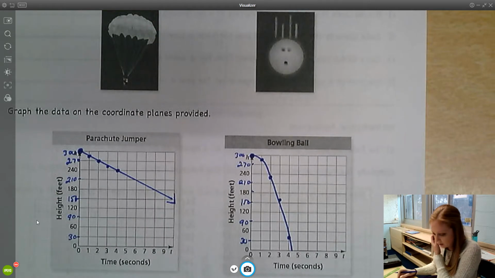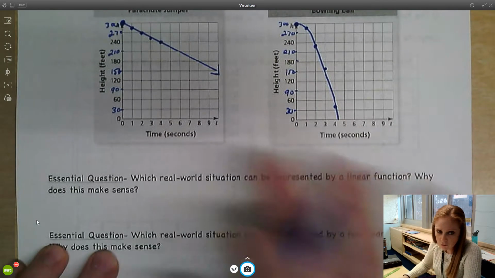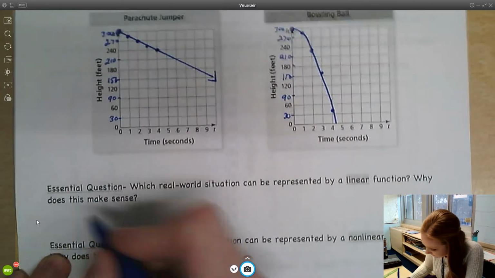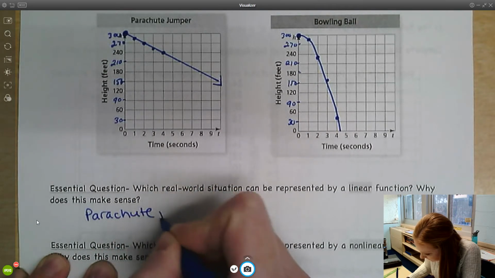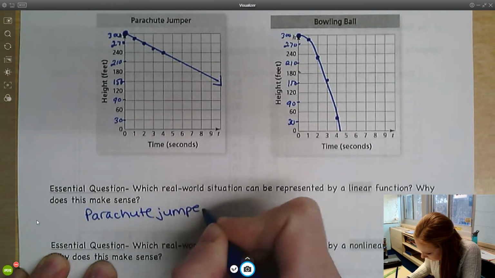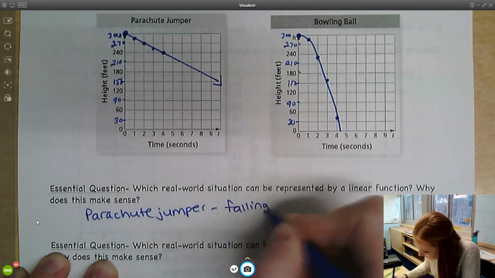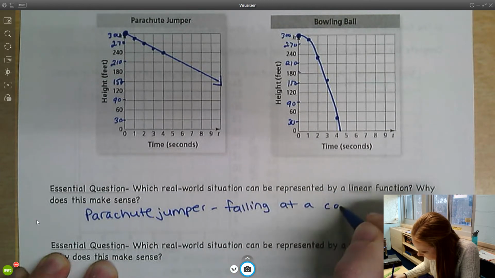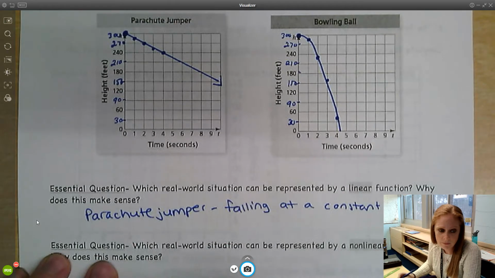All right, so essential question: which real-world situation can be represented by a linear function and why? So the linear function is going to be the parachute jumper. That's the one that created a straight line. He is falling at a constant speed. That rate is continuous.